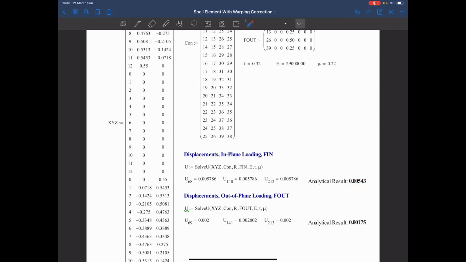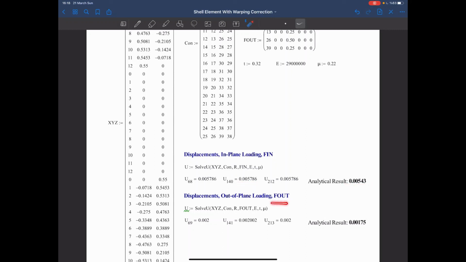So this is a very close result, assuming that at every angle for the warping corrections some sort of approximation is involved. But this is a very nice approach for this very difficult problem.